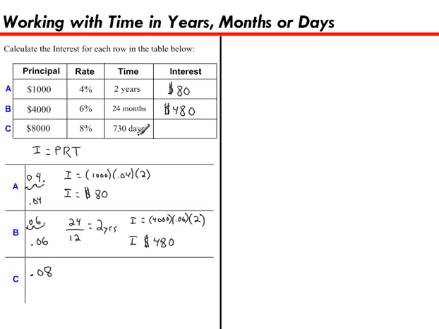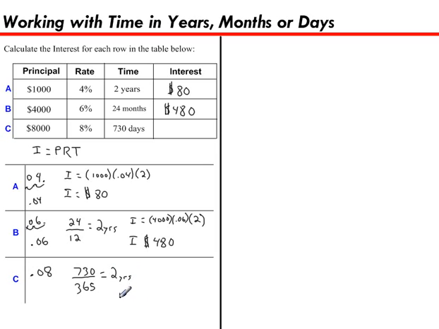My time is in days, so I need to divide the given number by the number of days there are in a year. And there's 365 days in a year. So 730 divided by 365. And you can use your calculator for that if you like, but I'll show you that that is actually 2 years again.